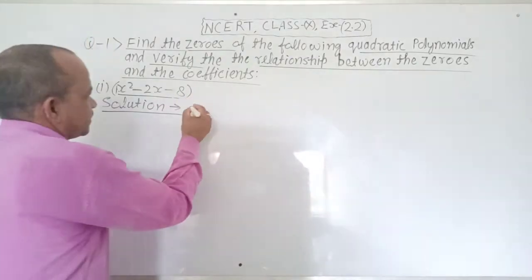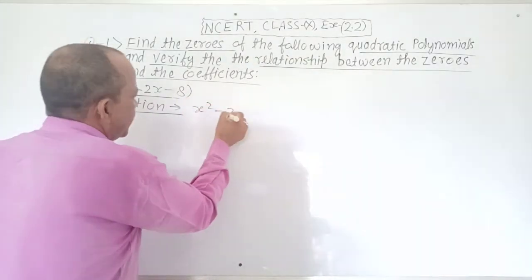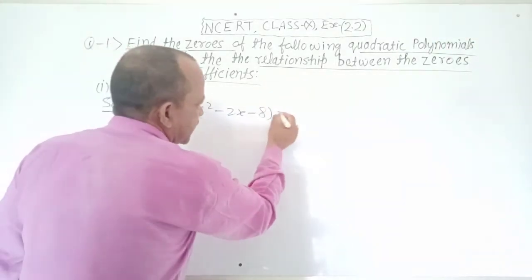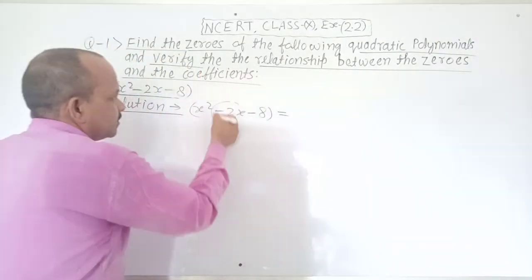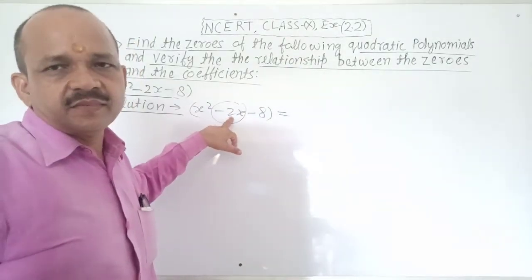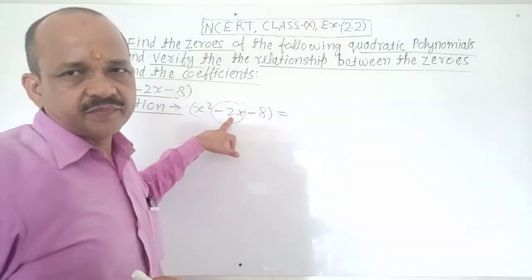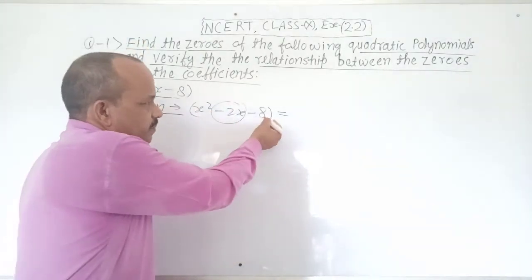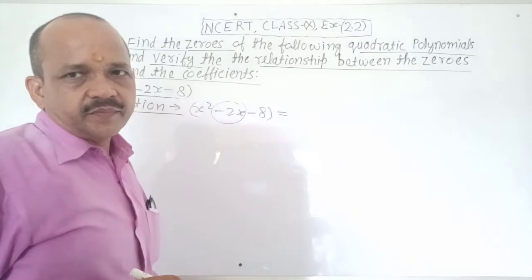You can write x square minus 2x minus 8 equal to, here minus 2 is the middle term. You split it. Clear? Here minus 8.